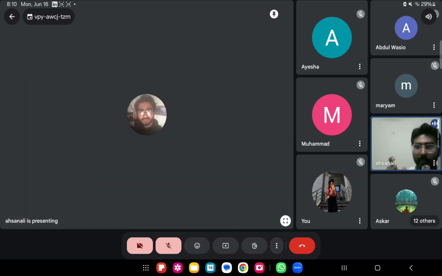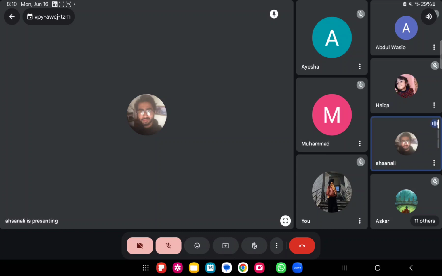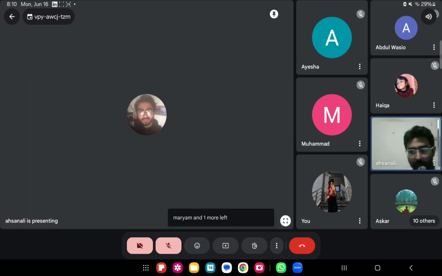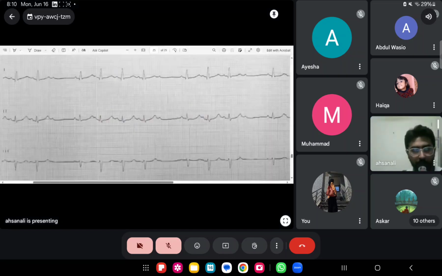So if you are appreciating this, this PR interval is short. This PR interval is shorter. This PR interval is larger. Okay, let me just. Can you see now? Can you see the cursor?